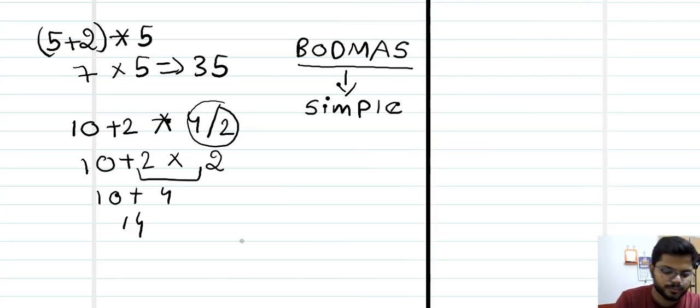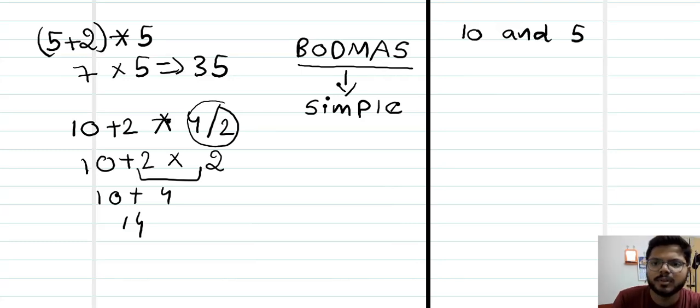So now think I have given you the values 10 and 5. If I have told that there is a true and true, there is a true, and any number other than 0 is true. So true and true, the answer is true.